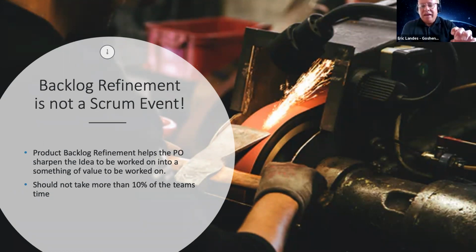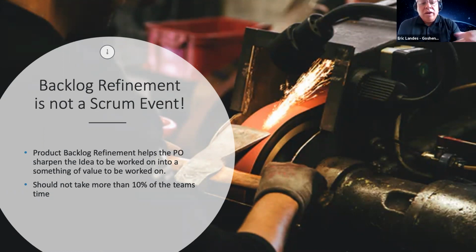So when the team commits to working on a PBI in a sprint, or forecasts they're going to finish it in the sprint, it goes to reason that the PBI needs to be smaller than your sprint length. That's what we talk about when we talk about refinement and sharpening the idea.